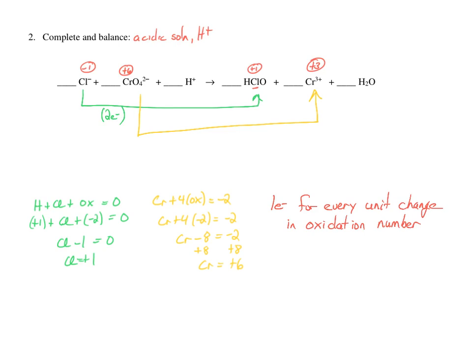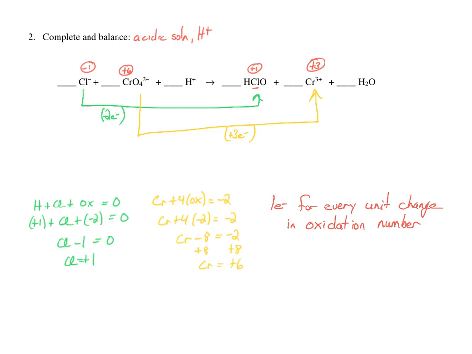For the chromium, we're going from +6 to +3. That's a change of 3 units. Therefore, that's going to involve 3 electrons. We want to match the number of electrons lost to electrons gained. So we look at the number of electrons thus far. The lowest common multiple of 2 and 3 is 6.